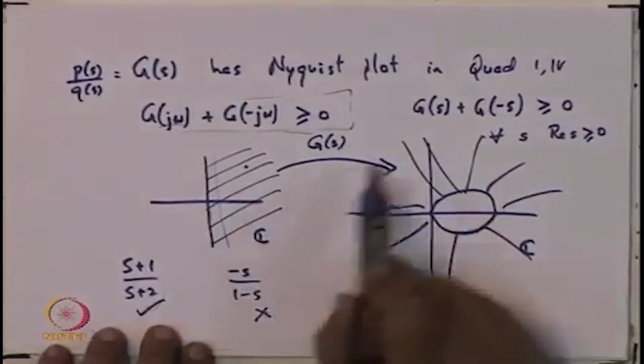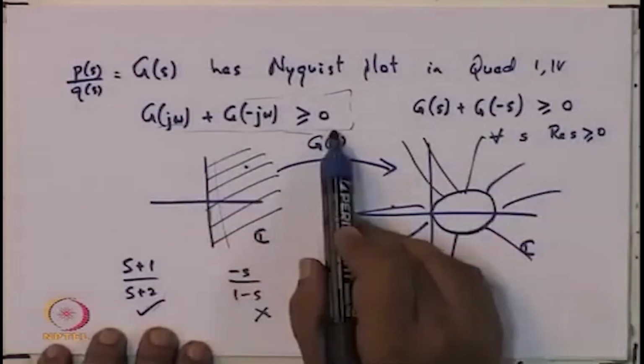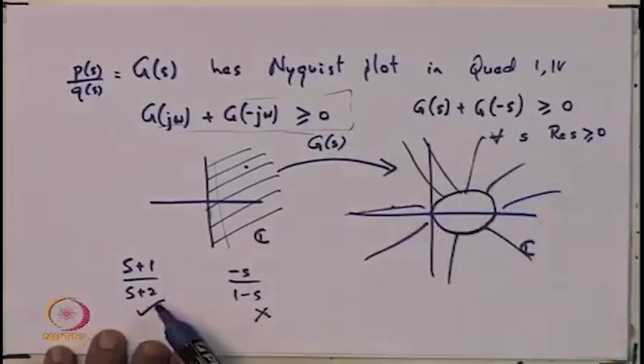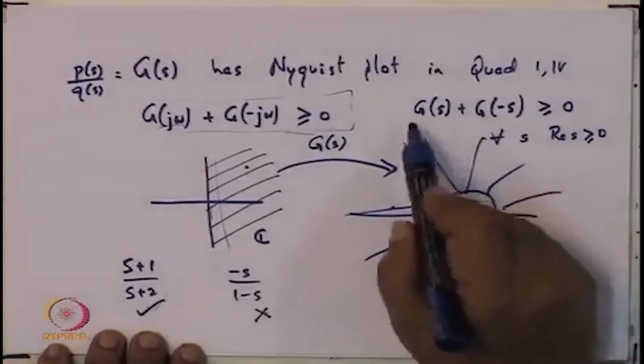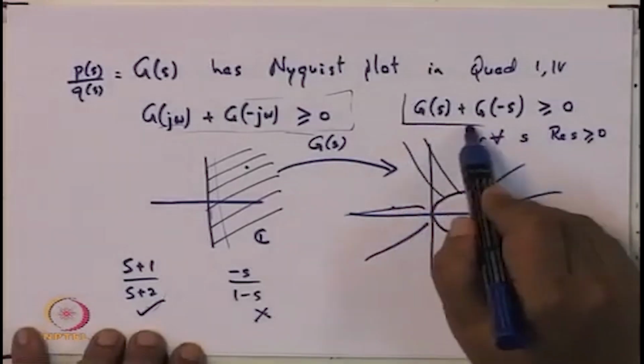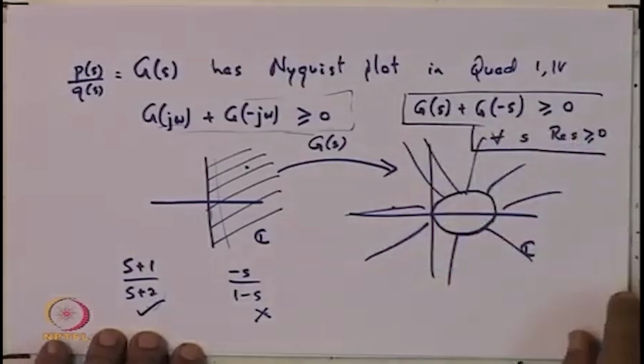And so, this condition captures the fact that this is satisfied, plus the storage function is positive. And therefore, in some sense this should be the real definition of positive realness.